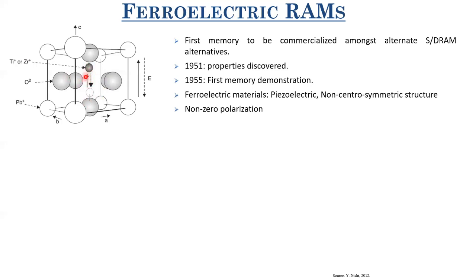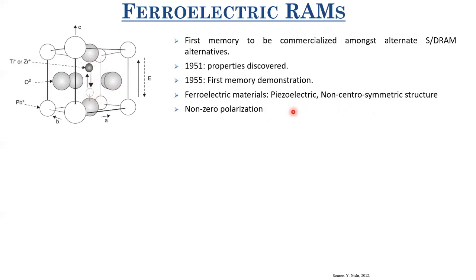There are two stable positions that the titanium or zirconium ion can occupy. This is one stable state, this is the other stable state, and there is no stable state in the center. Since there are two stable states and none of them is at the center, we call this structure a non-centrosymmetric structure.